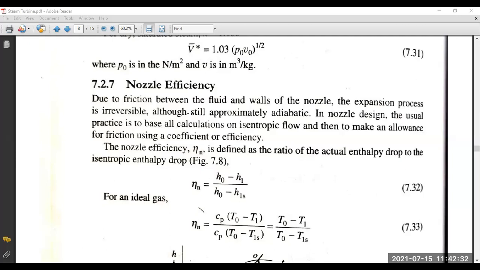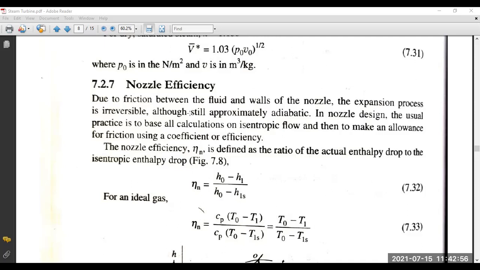Then the expansion process is said to be irreversible, not reversible, meaning it cannot go back to the original state, because certain power is lost due to friction between the wall and the fluid, and it cannot be recovered at all. Although we still say it is approximately adiabatic, meaning an approximately negligible amount of heat transfer takes place in the fluid itself.